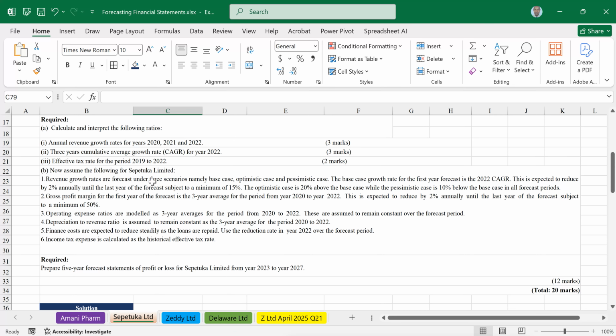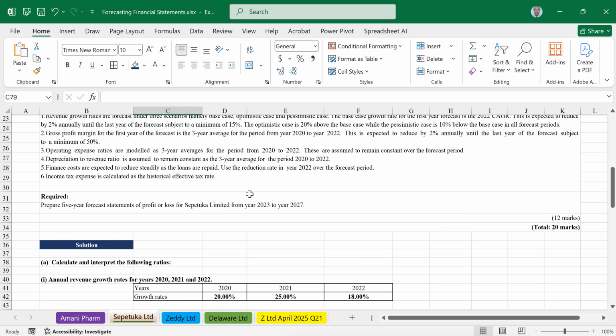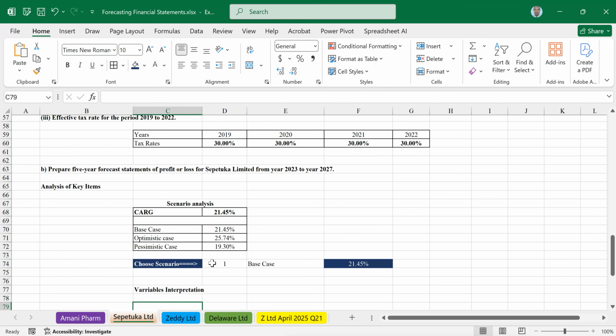The revenue growth rates under 3 scenarios, the base case and all that, is expected to reduce by 2% annually until the last year of forecast, subject to a minimum of 15%. So we want to do that for revenue growth rate. So we create something under interpretation of variables.